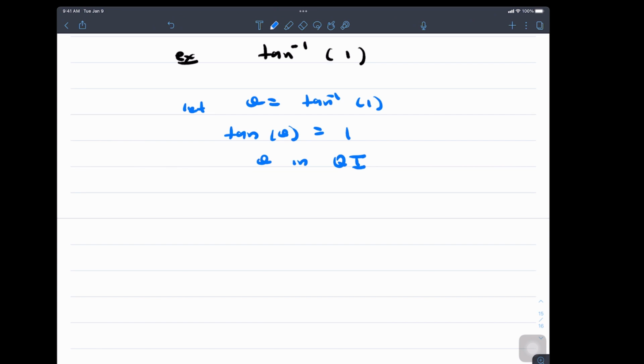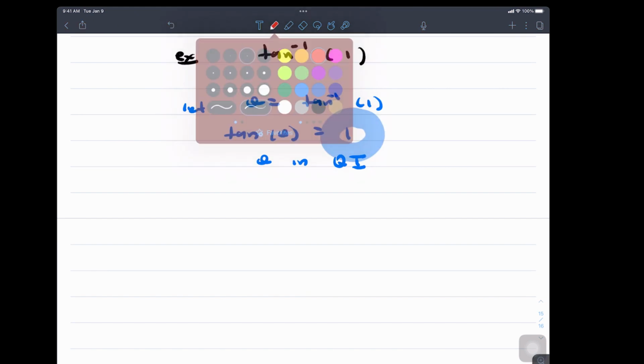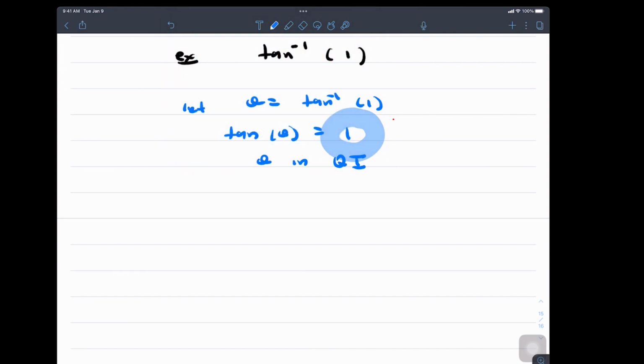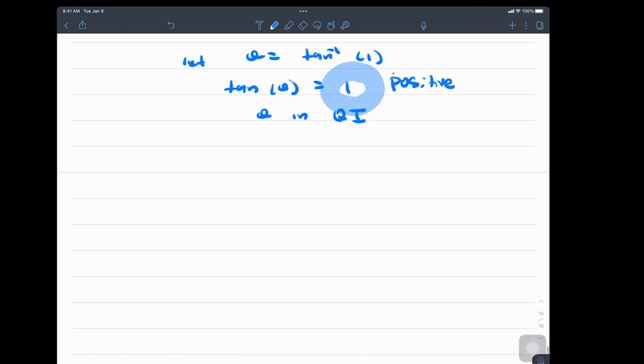You say, how do we know? Because tangent is what again? This is what? Positive. So you say, well, how do we handle that? Well, create this special triangle here, I guess. Yeah, this shows up a lot. You see this here? Opposite over adjacent.